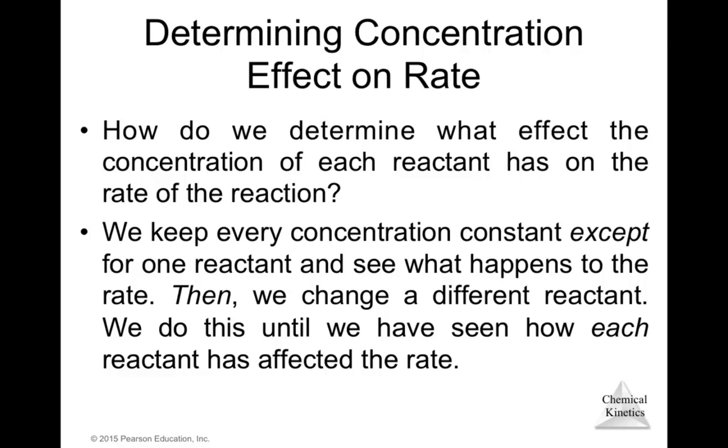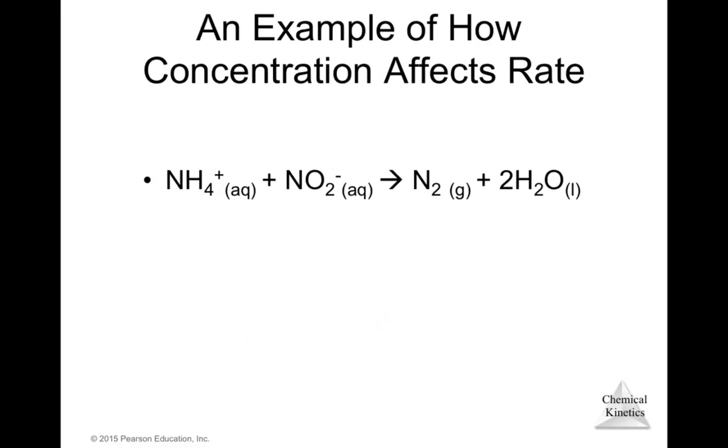So let's see an example so that maybe it helps with this concept. Here we have NH4+ and NO2-, and this will produce nitrogen gas and 2 molecules of water. Here we have two reactants, NH4 and NO2. So what we're going to do is keep NH4 constant first, and we're going to change the concentration of NO2.